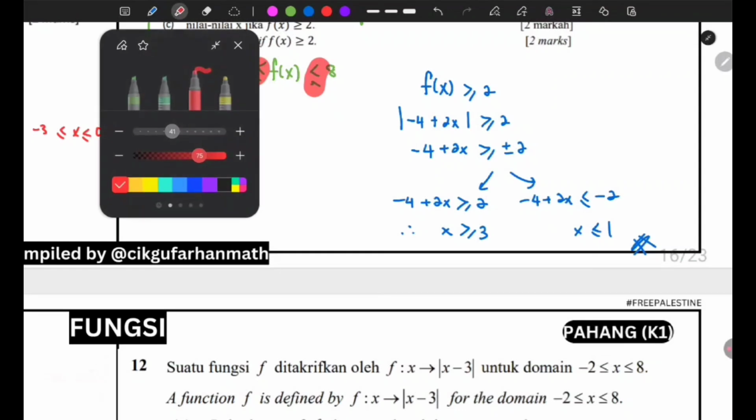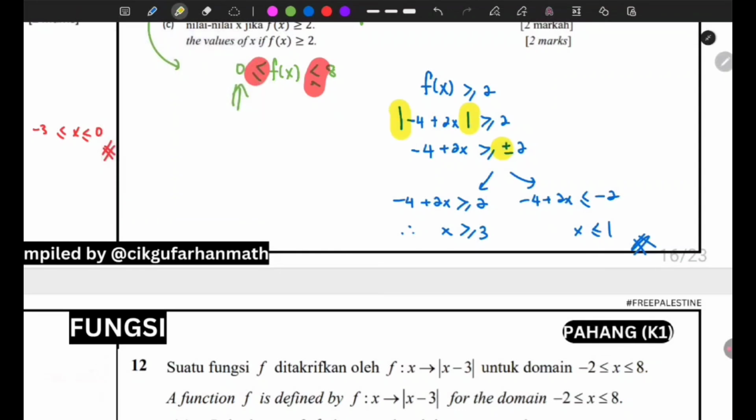For modulus, it's the same thing. When the modulus shifts to the other side, add plus minus. If there's an equation with the modulus equal to 0 only, you have to ignore the plus minus.